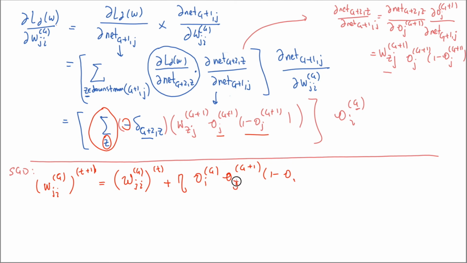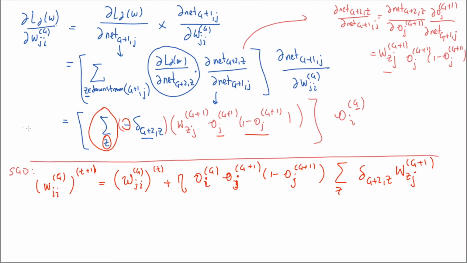Sorry, this is j, this is i. And this gets multiplied by this sum over the downstream of the delta_z^(g+2), the weighted sum of the deltas.